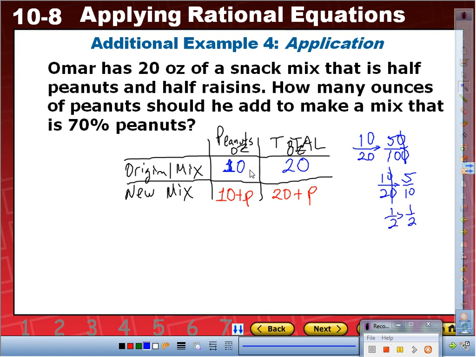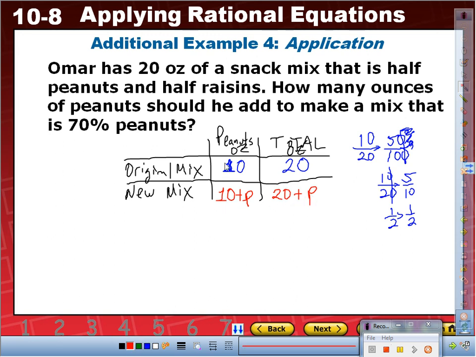But notice that I started by writing these equal to the percent as a fraction. This was a percent, but then I took off the percent and I wrote it as a fraction. Are we there? Now that we have that, pay attention. We want to do a new mix.